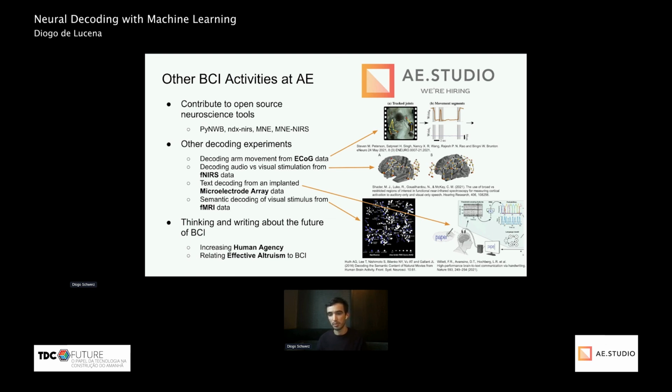So trying to give people control over what they're doing with BCI, for when we get to the point where this is used by the masses, that we have technologies that we've developed that are easy to use and follow, and make sure that all the data that's collected, all the privacy is maintained, and the user can trust the system that they're using. So we really believe that applying correct and good software practices and data science practices that we've been using at AE to BCI projects is really important, and it's going to make a big difference in the future of BCI.